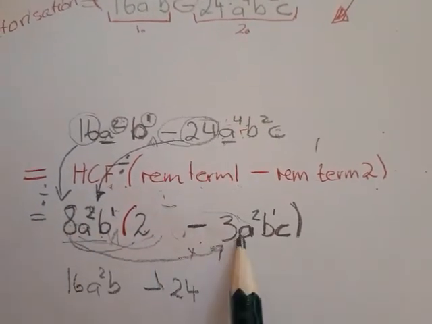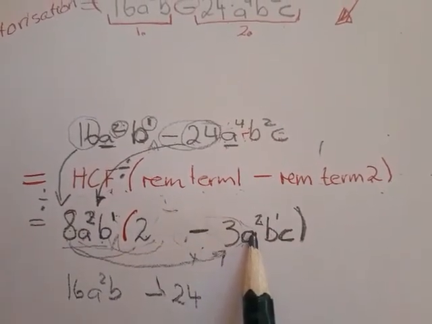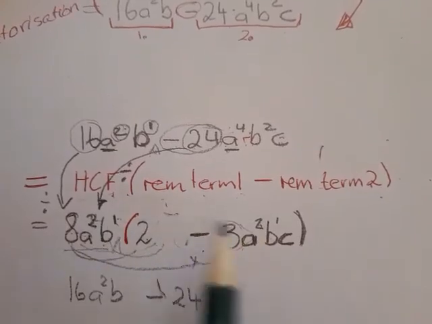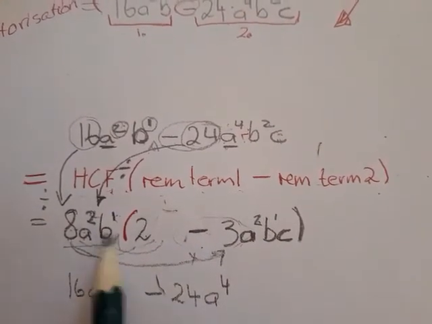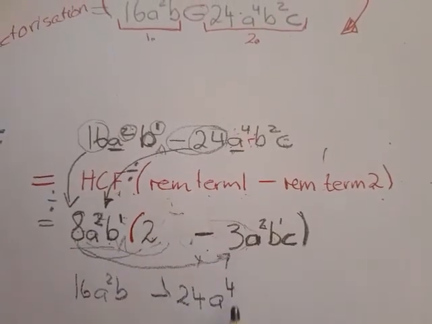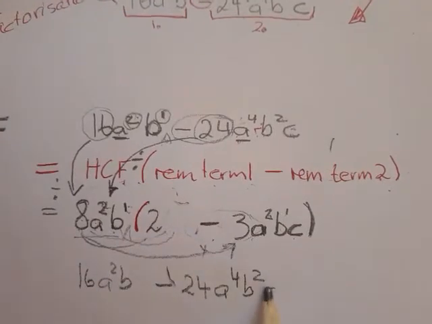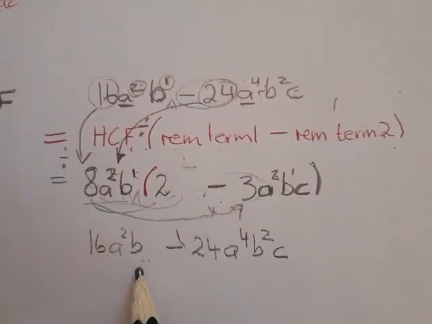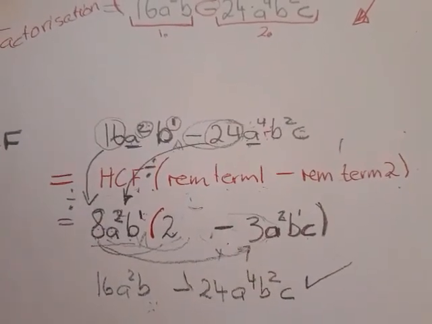Then a squared times a squared. When we multiply powers with the same base, we add the index. So it's 2 plus 2 is a to the power of 4. Then b times b, add the index, which gives me 1 plus 1 is 2. Then there's c, there's no c there, so it is c. So if you now compare this one to that one, then you know you are correct.